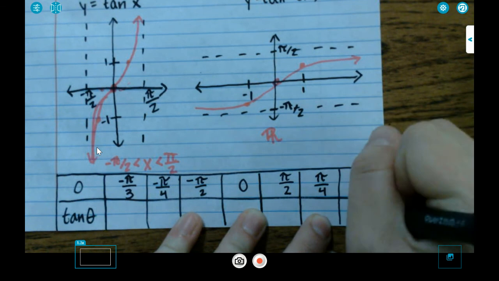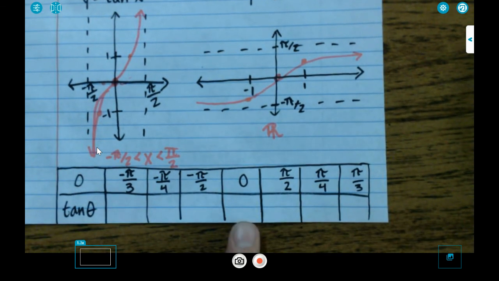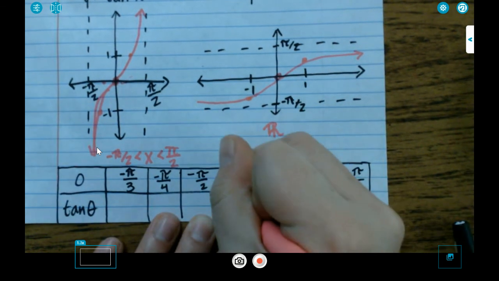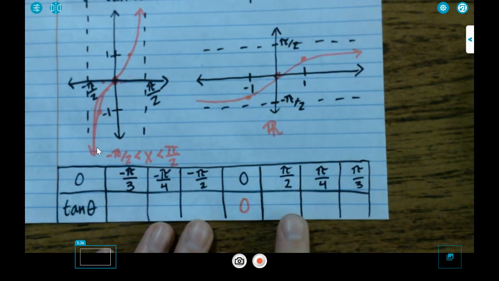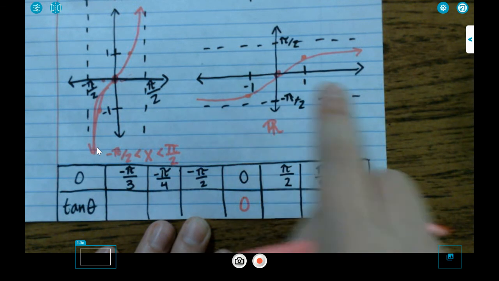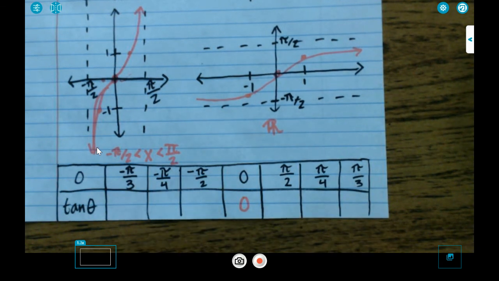Okay, so then our value for tangent of 0 is 0. And then tangent of pi over 2 is 1. That should not say pi over 2. That should say pi over 6.